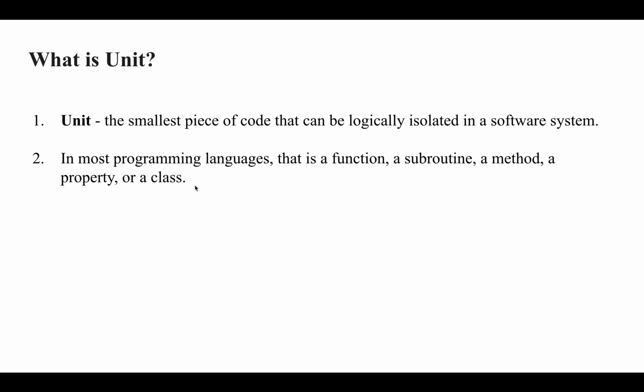In terminology, a unit is also called a component. So you must have heard about the term component testing. There, component means the smallest piece of code that can be logically isolated. So from a programming perspective, a unit can be a function, method or a class.